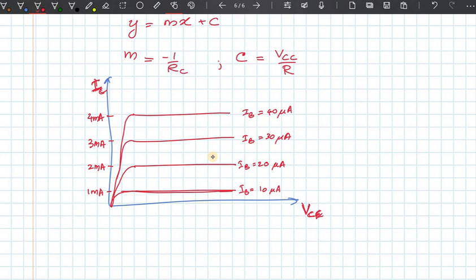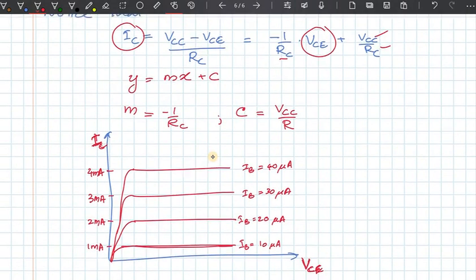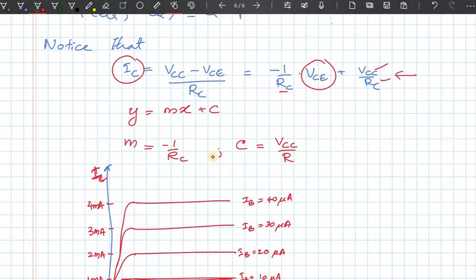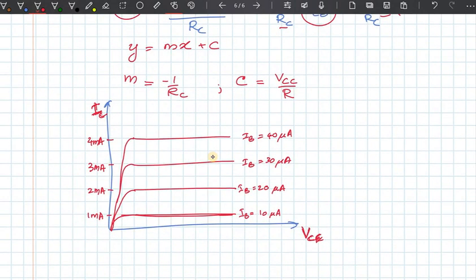But at the same time, this equation that we have derived right now also expresses a relationship between VCE and IC, because this is Kirchhoff's voltage law applied to the output circuit. The current IC and VCE should also obey this particular rule, and you can see that the straight line has a positive intercept and a negative slope.